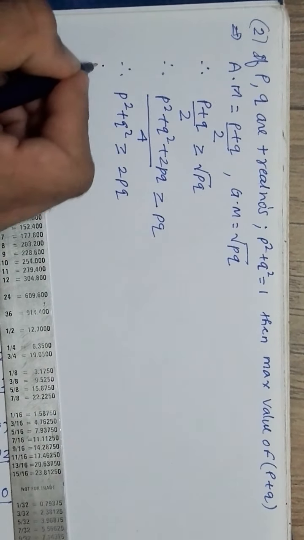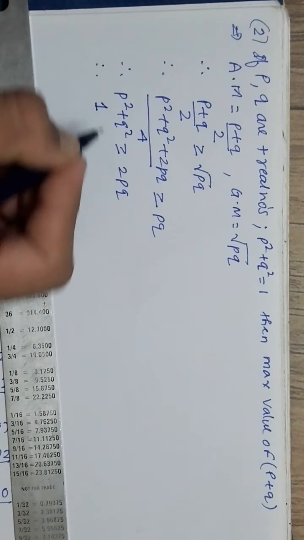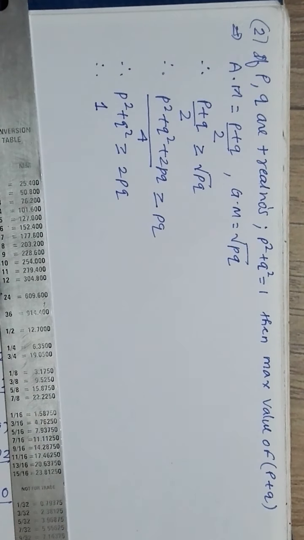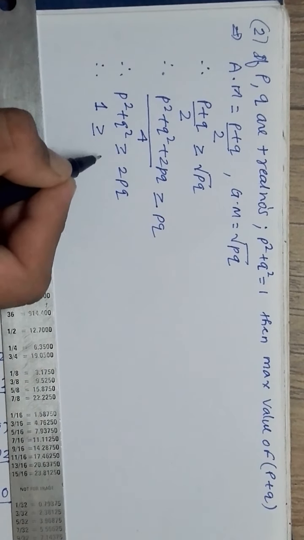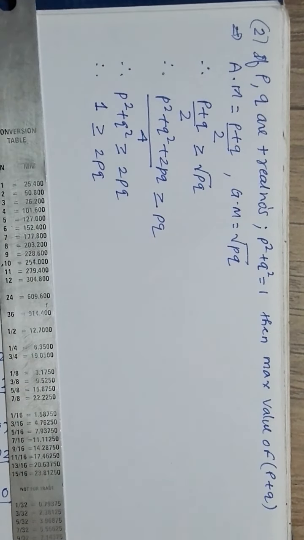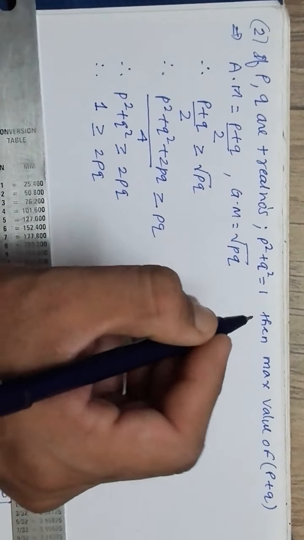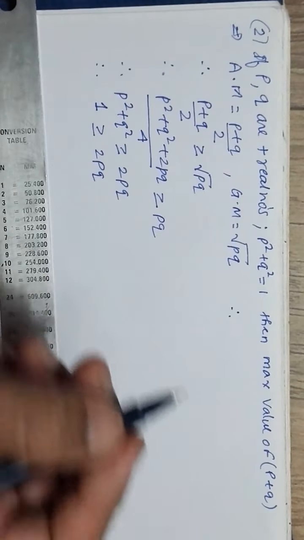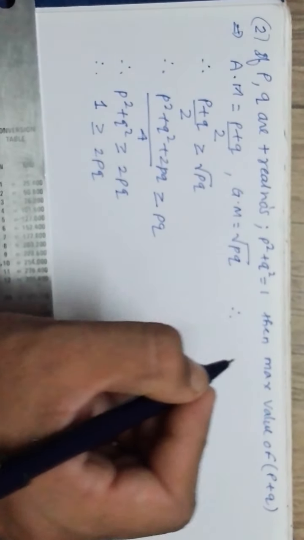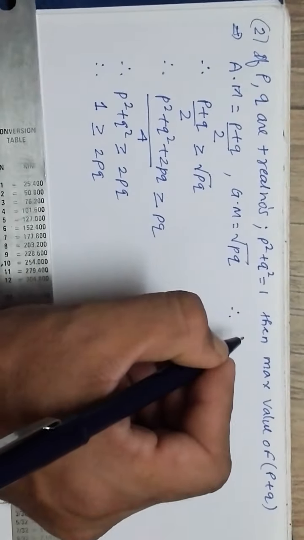So in short I can say here that 1, which is already mentioned as p square plus q square is equal to 1, is already greater than or equal to 2pq, or I can say that this 2 I can bring this side, that means half is greater than or equal to pq. Half is greater than or equal to pq, it means that pq is less than half.